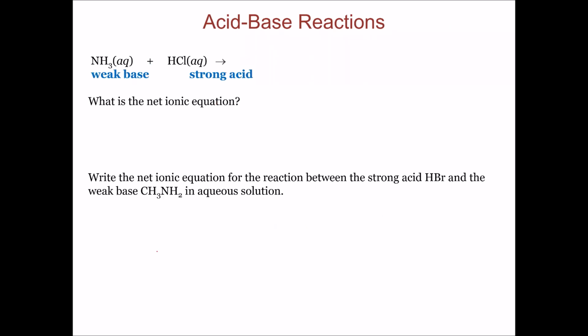If you combine a weak base with a strong acid, what we will do here is apply the Bronsted definition for the acid-base reaction, that the hydrogen is going to migrate from the acid to the base. That will produce NH4 plus, which is going to be soluble, plus Cl minus, which is going to be soluble.